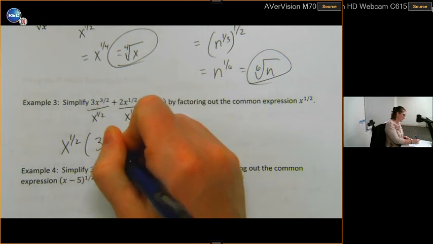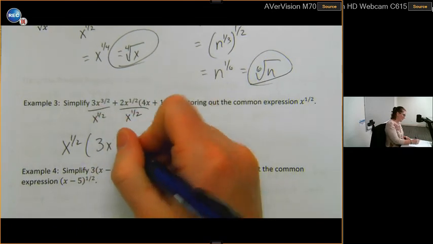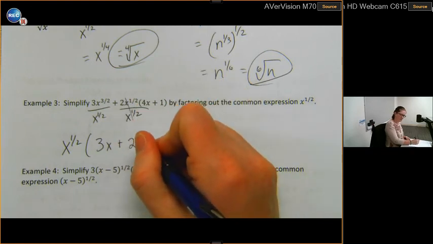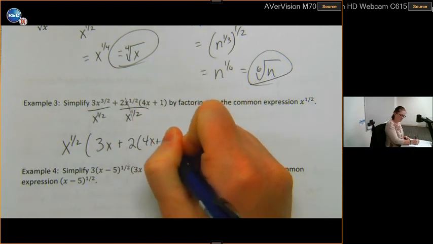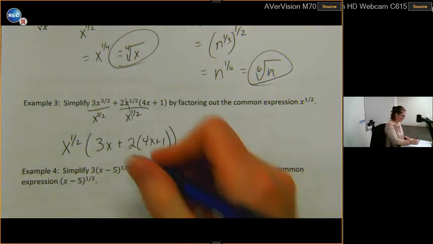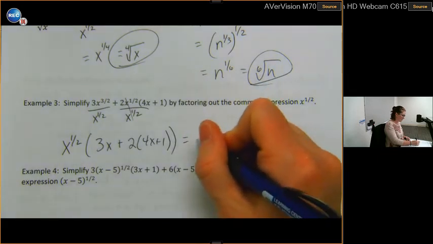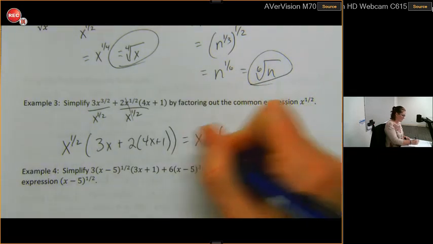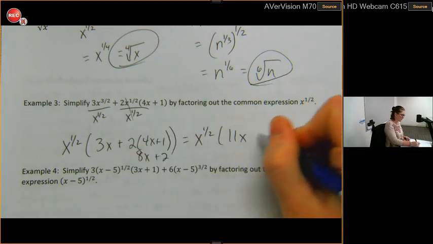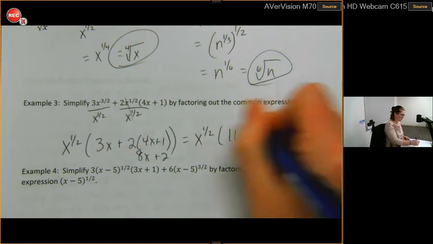It's just going to be 3x. And then those x to the 1/2 are going to cancel. So it's going to be 2 times 4x plus 1. And then I'm going to go ahead and distribute and combine like terms. So that's going to be 8x plus 2. So when I combine like terms, I get 11x plus 2.